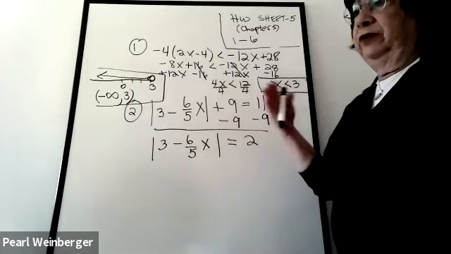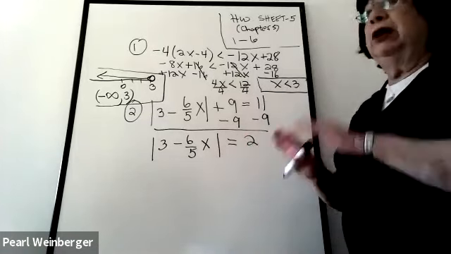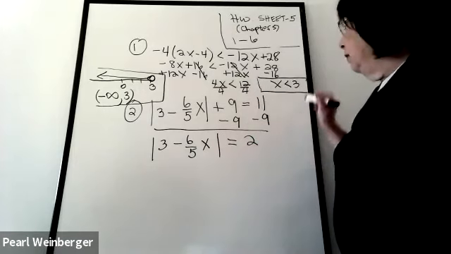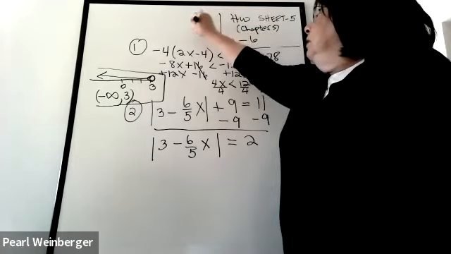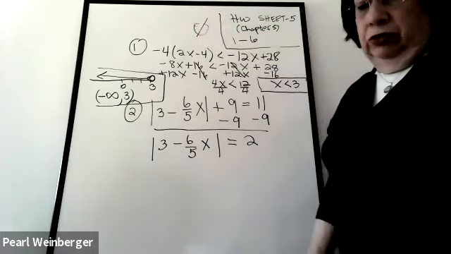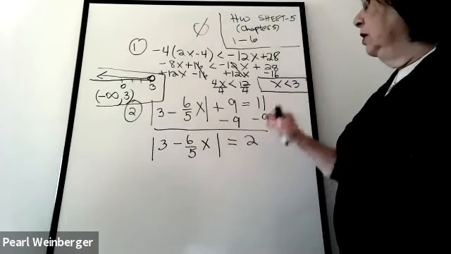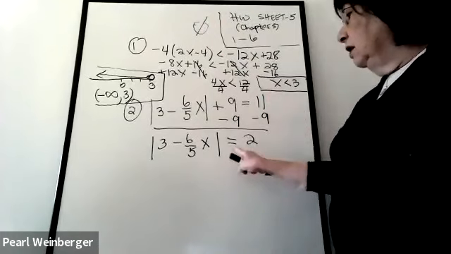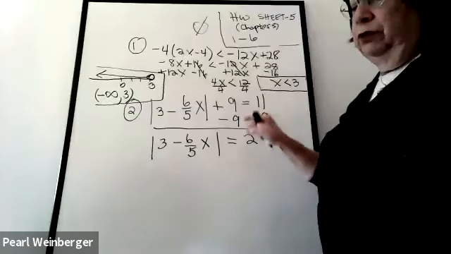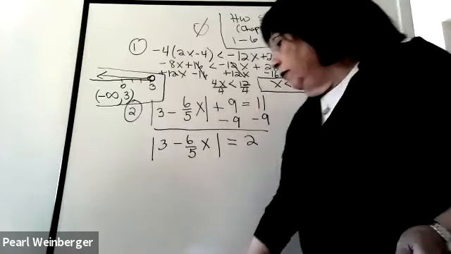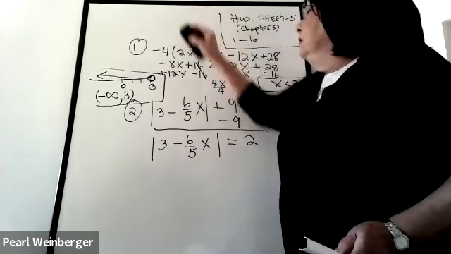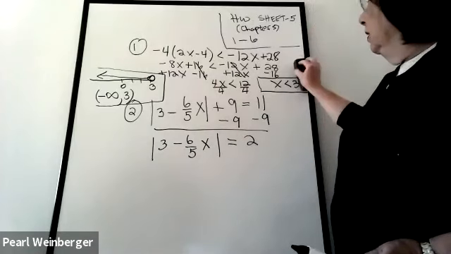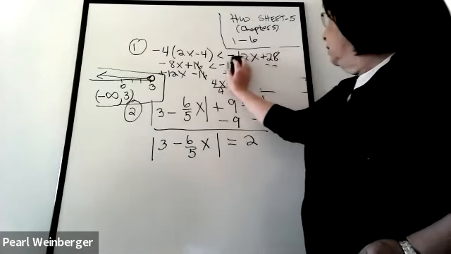If this would have, for some reason, turned out to be negative 2, I would have stopped right there and written my circle with a line through it, which means no solution. This one is going to have a solution because it equals a positive number. So always check, can you go further before you actually do? Now this one, as we said, we can go further. I'm going to erase this part because I'm probably going to need this space.